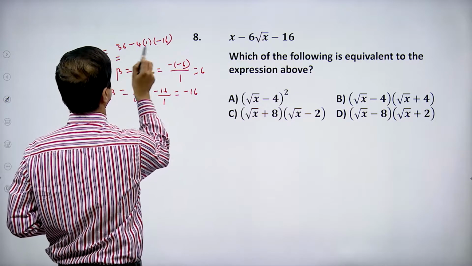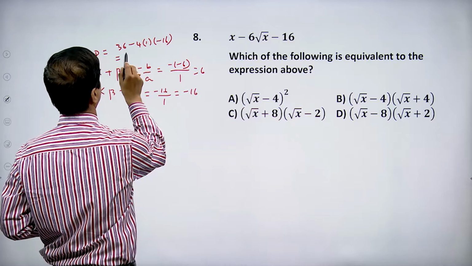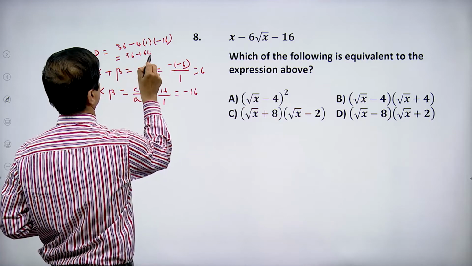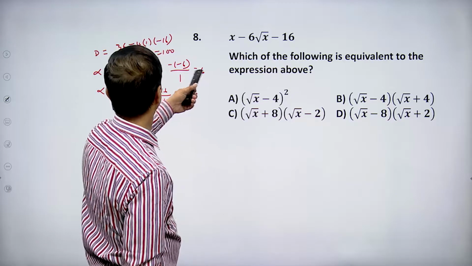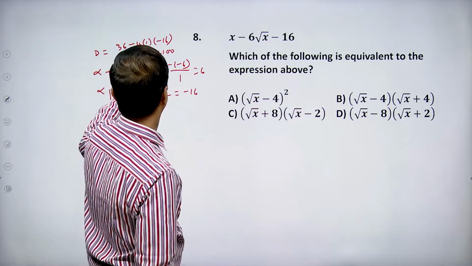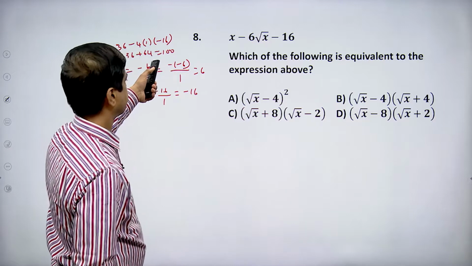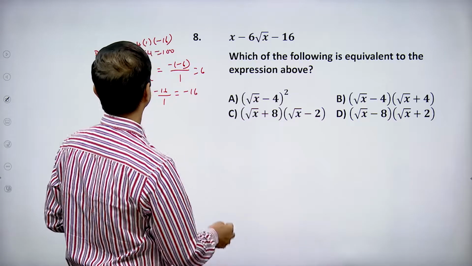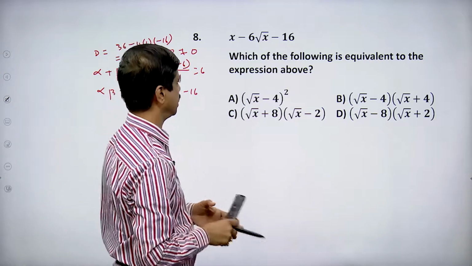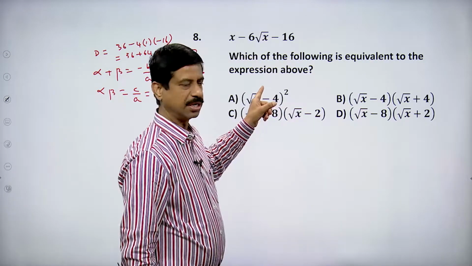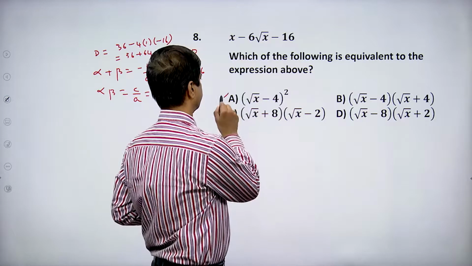So this is 36 plus 64, which is 100. Okay. So the discriminant we got is 100, which is not equal to 0, so it cannot be equal roots, children. Okay. Therefore, ruled out.